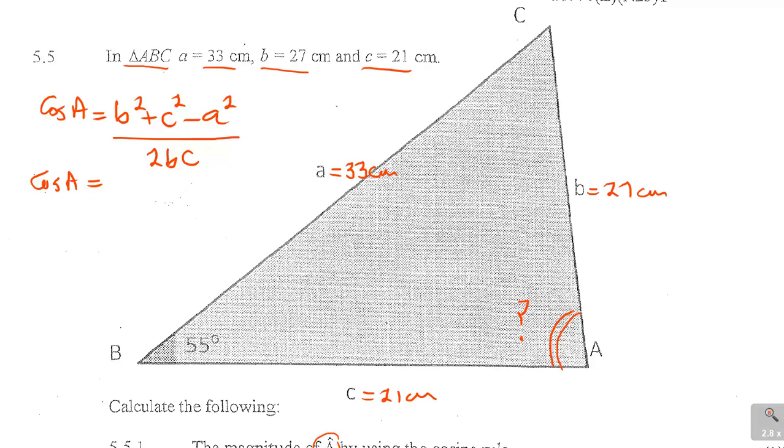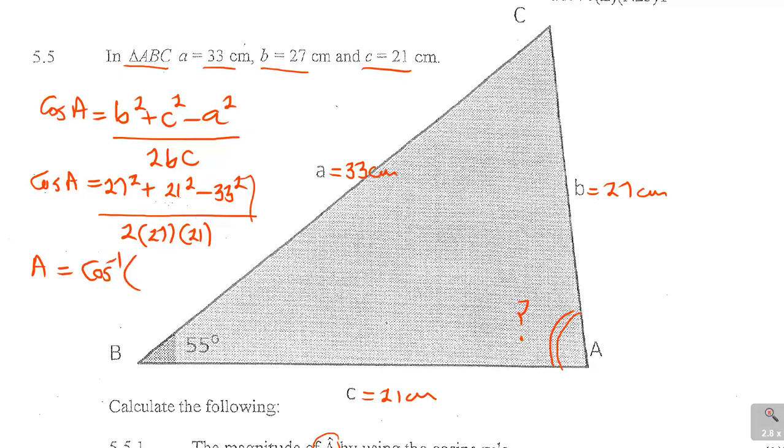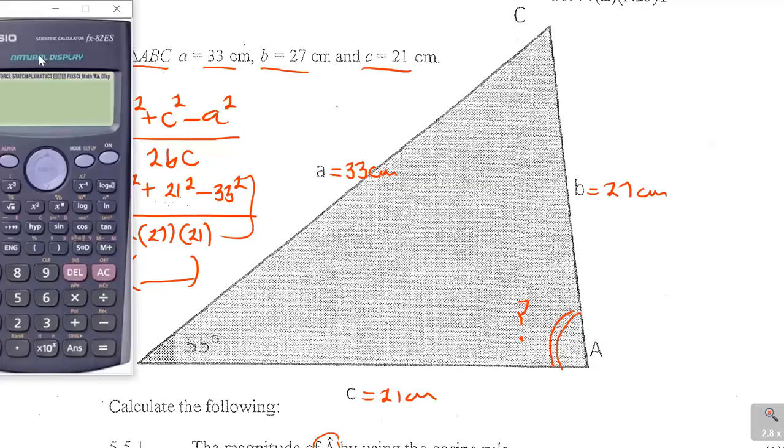Now my b is 27 squared, my c is 21 squared, my a is 33 squared, over 2 times b, which is 27, times c, which is 21. Now my A is equal to arc cos of this whole thing. I'm not going to do it twice, so I can find the answer once.